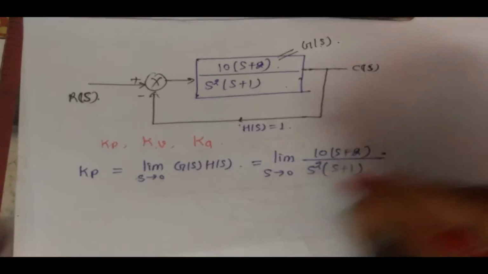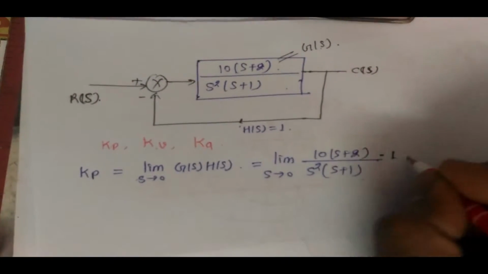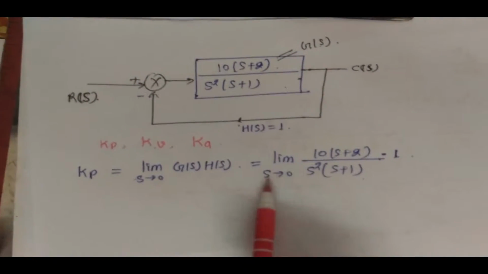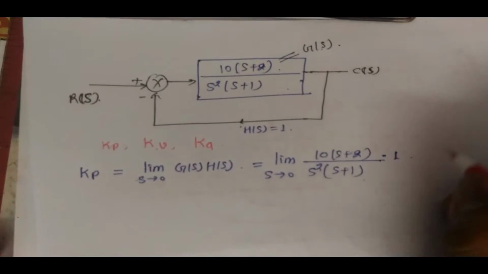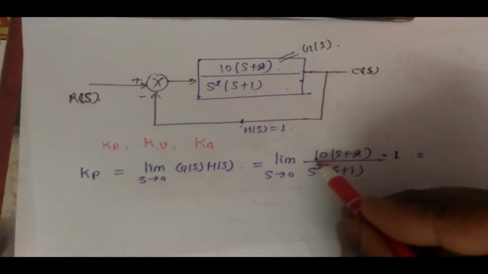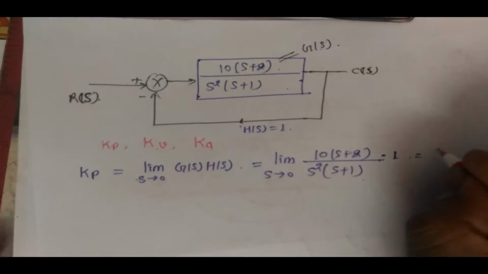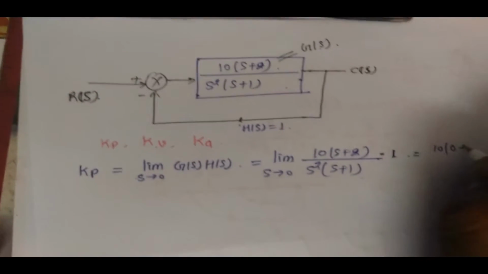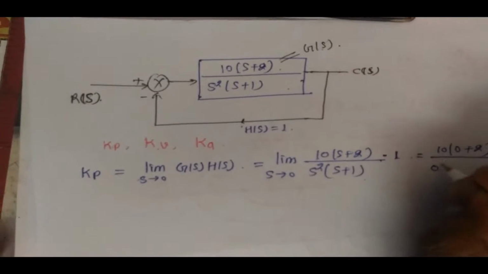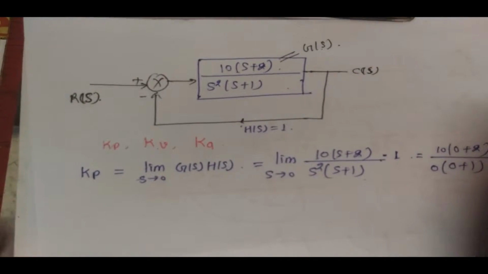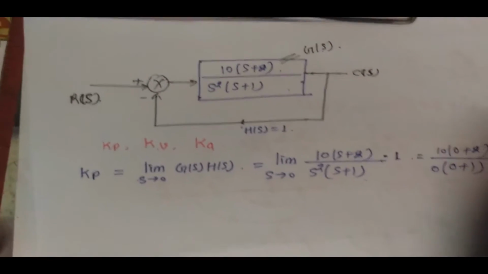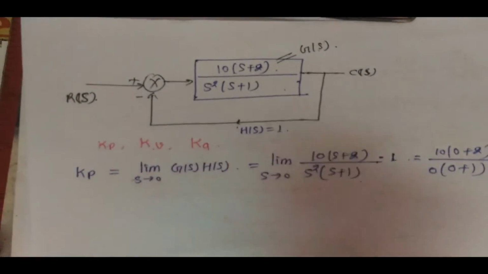Now what is the value of H(s)? H(s) is 1. Now if we put s equal to 0, this becomes 10 into 0 plus 2 divided by 0 into 0 plus 1, means something divided by 0, which is infinity.